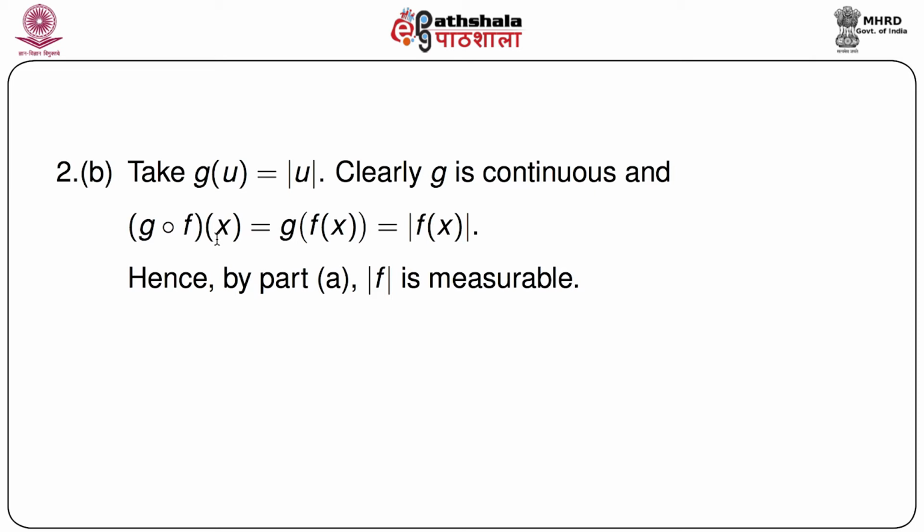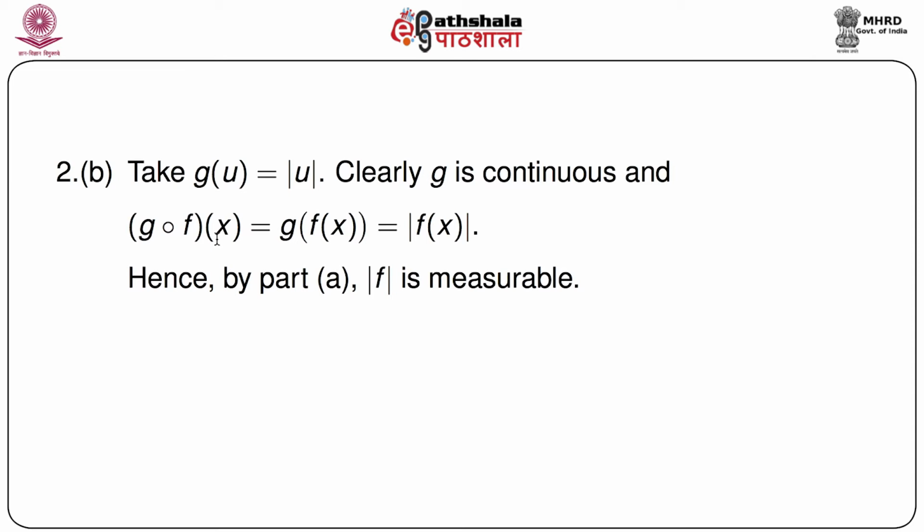The second problem is related to mod f. So that means we have to work with the modulus function. The simplest way, if we want to draw some link from the first problem, part A, is to take g(u) equals mod u, then g is again continuous.